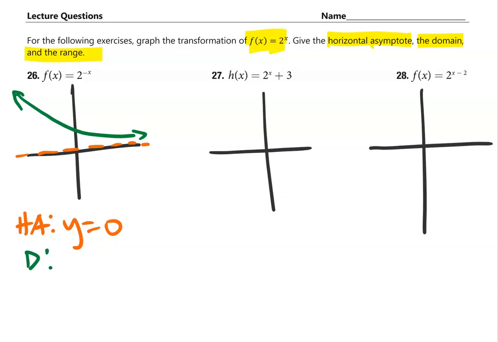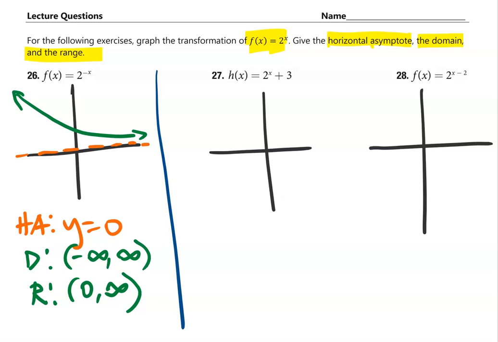The domain is from left to right, yes, negative infinity to positive infinity. And the range is everything above 0, so from 0 to positive infinity. That's correct.